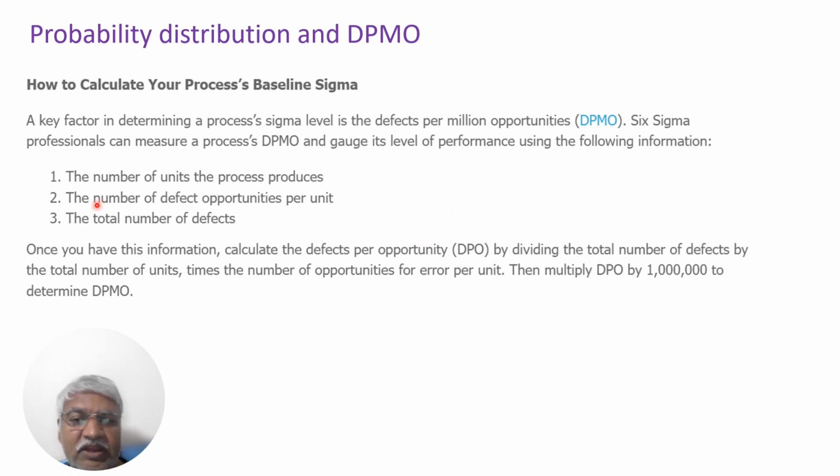Based on the number of units the process produces, the number of defect opportunities per unit, and the total number of defects, the DPO is calculated, and hence the DPMO is calculated based on a million opportunities. We will take one example and connect these dots.